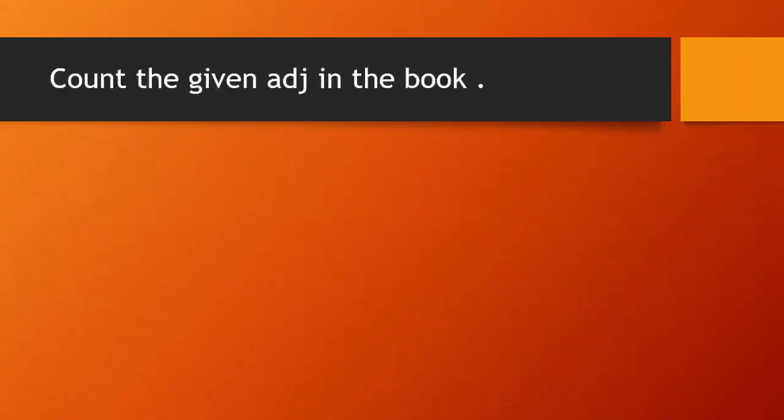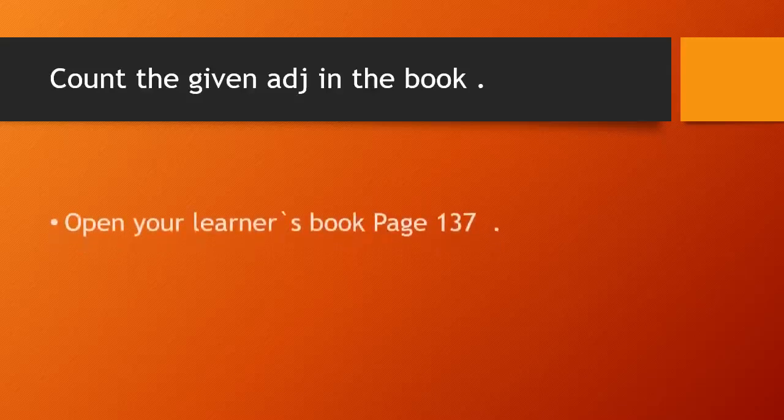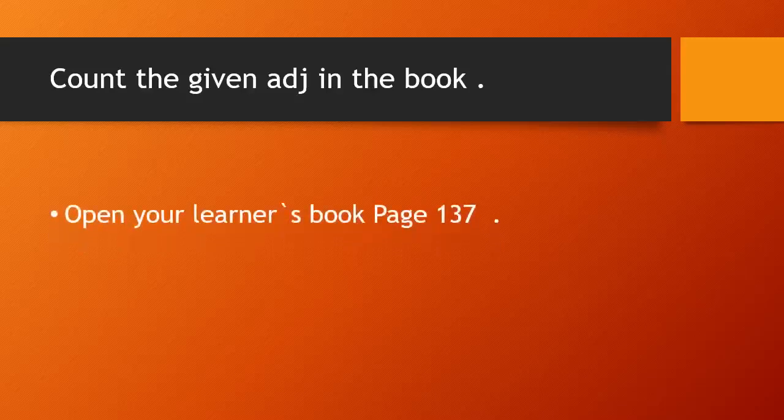Let's start with the first part, the starter. I have to ask you to count and underline the given adjectives in your learner's book. Please open your learner's book, page 137. You have a minute from now to count and underline the given adjectives in the three passages there.